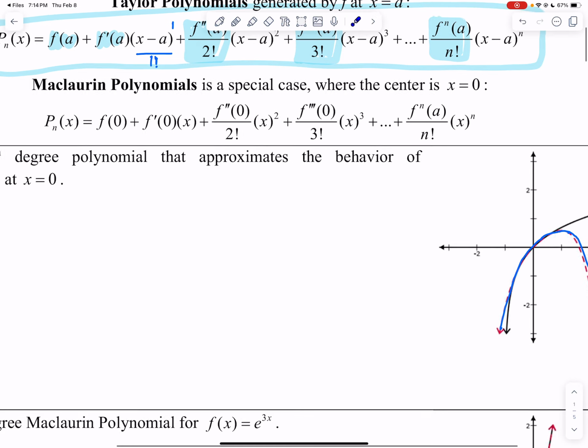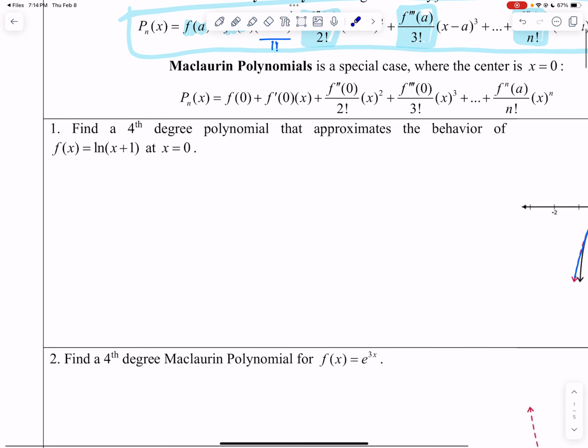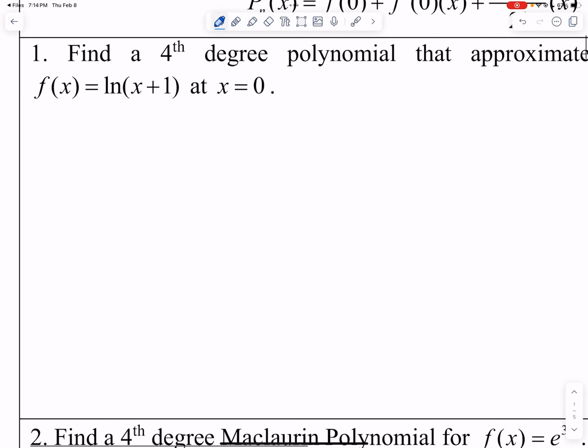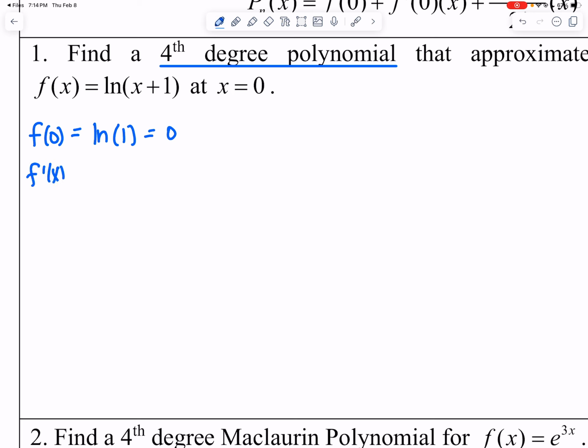So to do that, I need a couple of things. I need my first term at 0. So I have f of 0, which is ln of 1, which is just 0. Now, since I want a 4th degree polynomial, this means that I'm going to take my derivative until I hit the 4th derivative. Okay, so I'm going to take the first derivative, and that's going to be 1 over x plus 1, which can also be rewritten as x plus 1 to the negative 1.